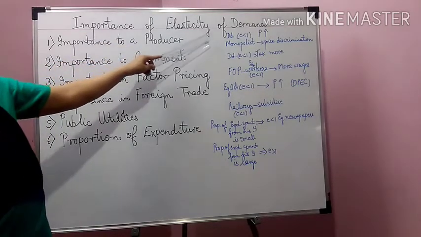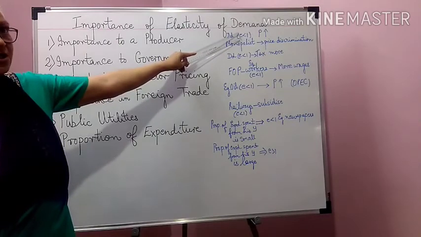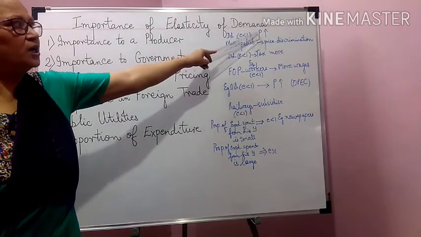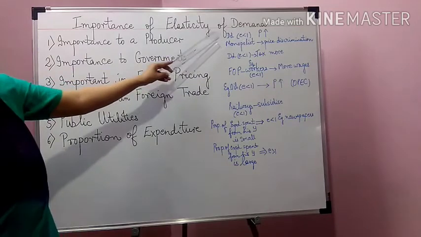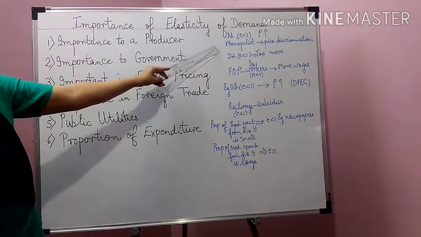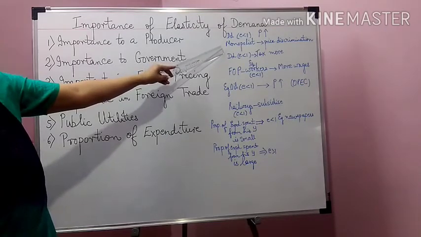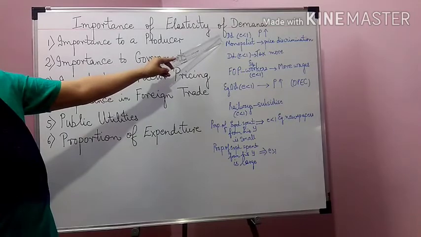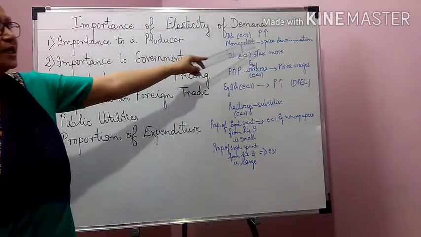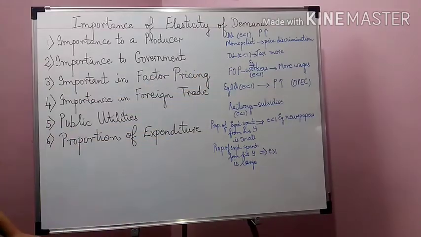If the product that he sells has relatively inelastic demand, he can charge a higher price. On the other hand, a monopolist, that is a single seller, if he finds that the product that he sells has inelastic demand, then he can practice price discrimination, that is charging different prices to different consumers.